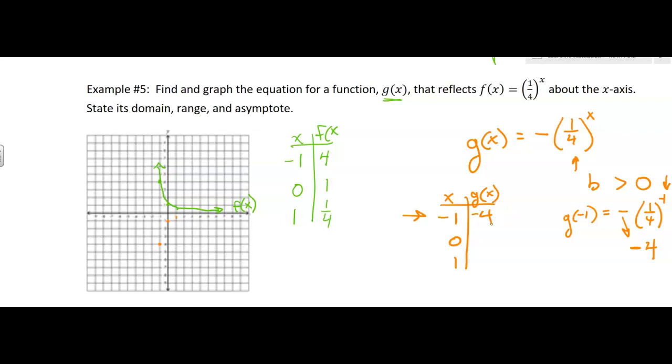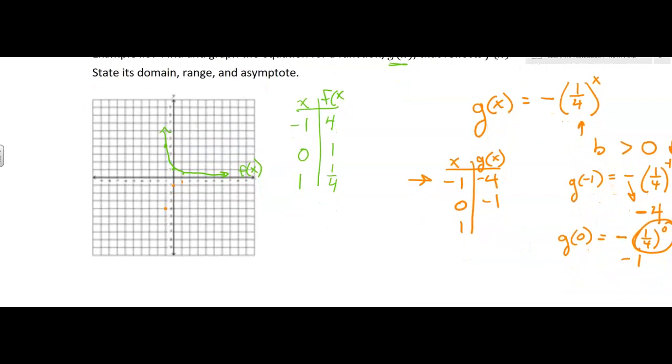If you put in 0, g of 0 is going to equal the opposite of 1/4 to the 0. But 1/4 to the 0 is 1, so you're going to get the opposite of 1. And then if you put in 1, you're going to get the opposite of 1/4 to the first power. That's just going to be -1/4. And those are the points that we have drawn here.